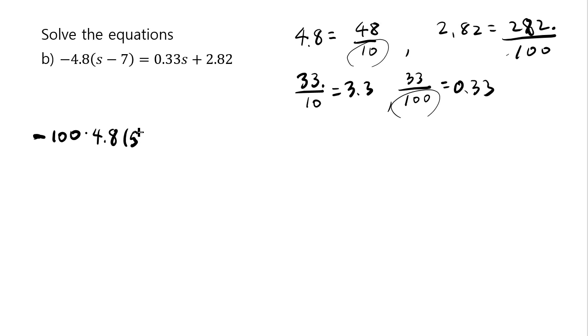Although this looks complicated, this is still one term because it's multiplied together. So this term gets multiplied by 100. 100 times 0.33u plus 100 times 2.82. 10 times 4.8 is 48, so 100 times 4.8 will be 480.